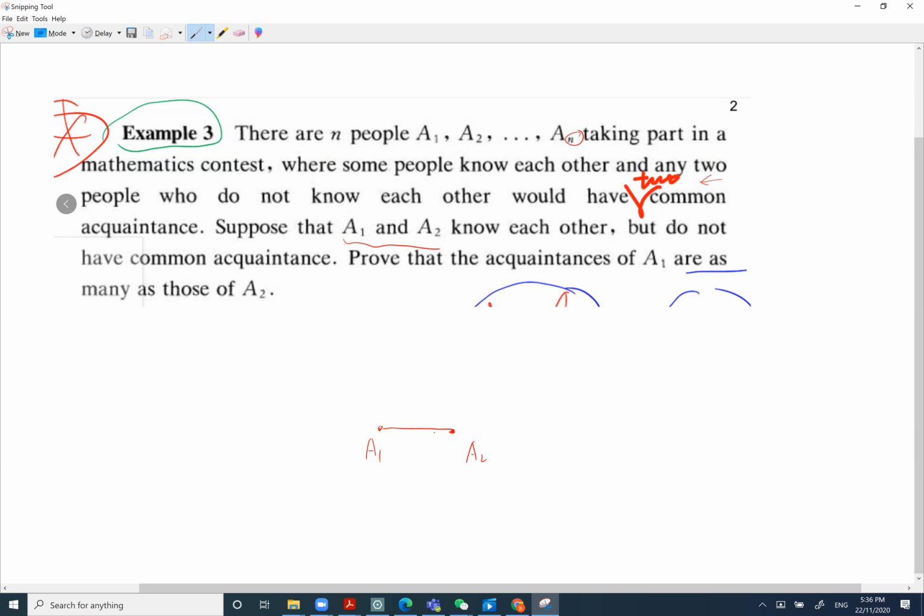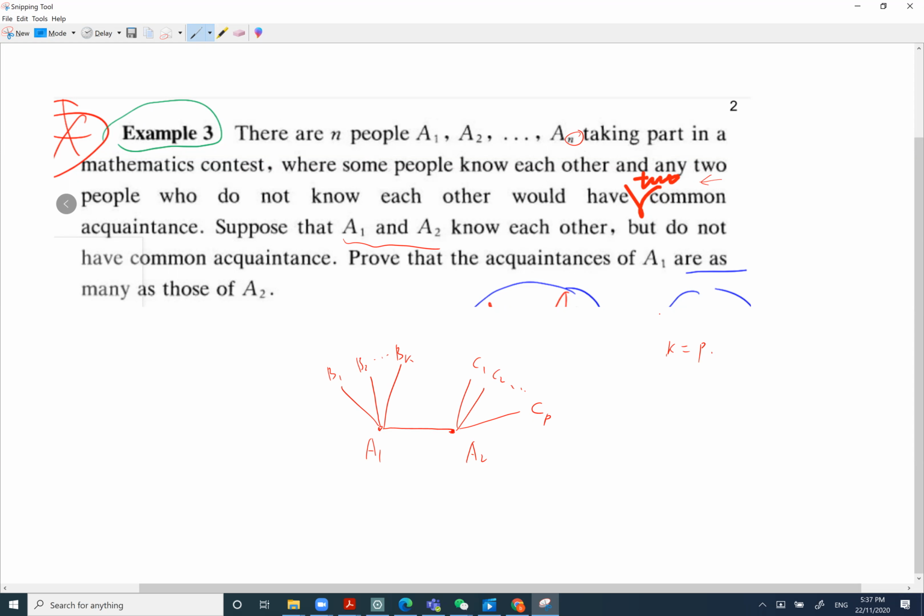For example, A1 knows a lot of people, like we can say B1, B2, some BK. A2 also knows a lot of people. They don't have common friend, like C1, C2, and so on. This is the other one, P. The question just asks you to prove K equals P.